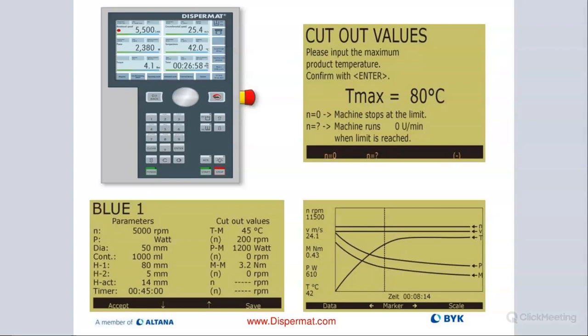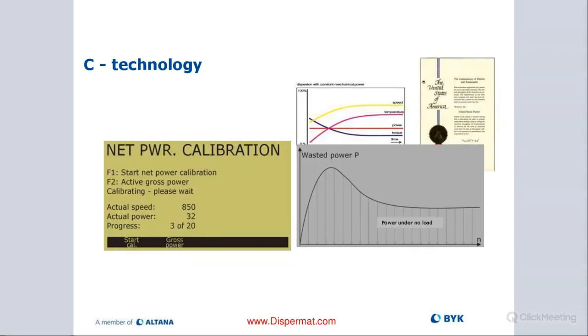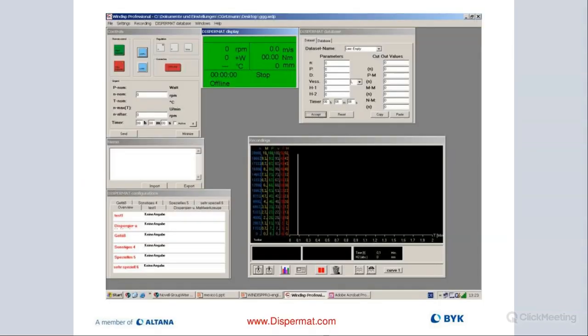So that's just some ways you can design your experiments or your dispersion trial. Net power calibration, we already covered that, setting all the values to an actual zero point without the influence of the Dispermat itself. So no energy that's displayed is actually used for the machine itself. It's strictly just for your material.